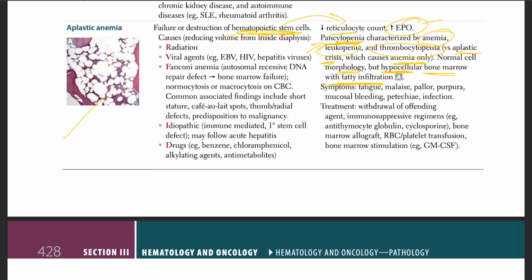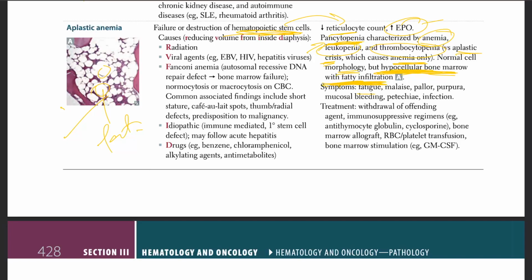We did a bone marrow biopsy, and it showed hypocellular bone marrow with fatty infiltrations. Look in here, this is all fat. And hypocellular: look at the big cells, but there are not so many. Hypocellular bone marrow with fatty infiltrations, very important.